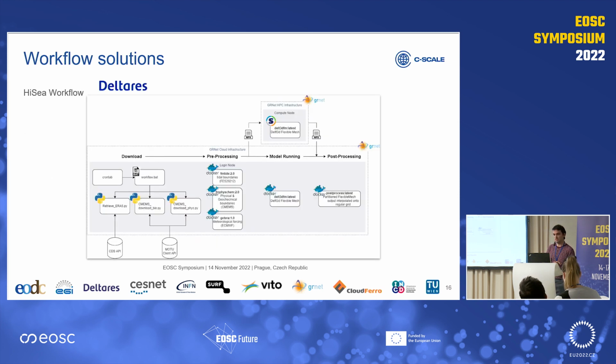And this is one example of a workflow from the High-C use case. You see there are several steps in the workflow. The first one is to download the appropriate data to the infrastructure. And then there is the pre-processing, which is basically preparing the data for the model that's going to run in the following step.